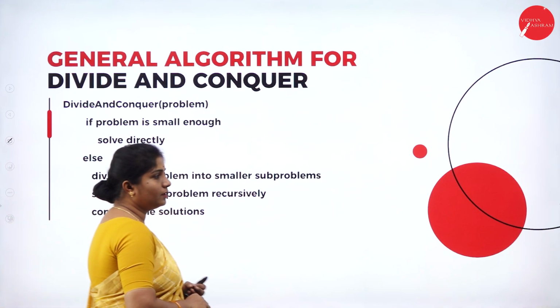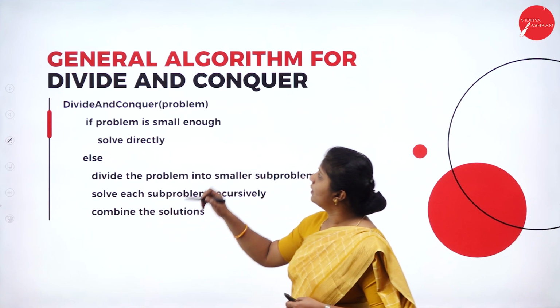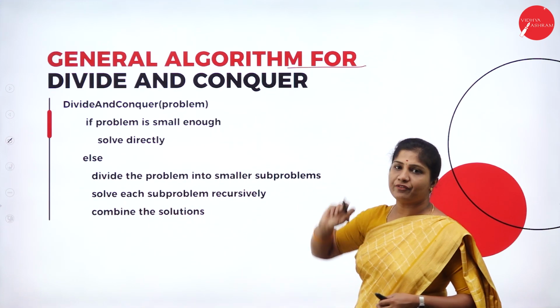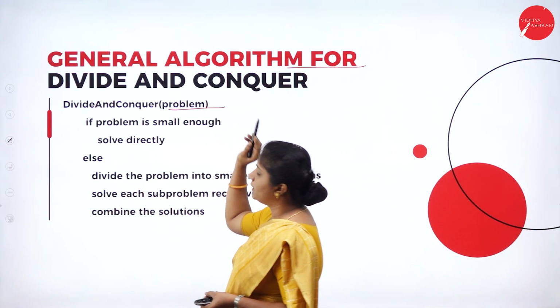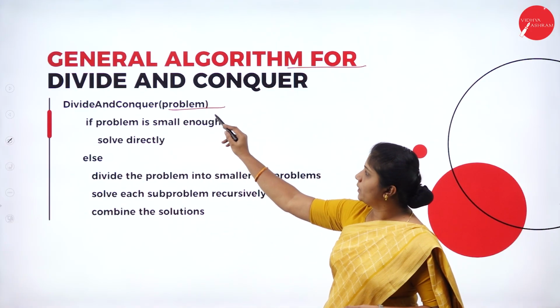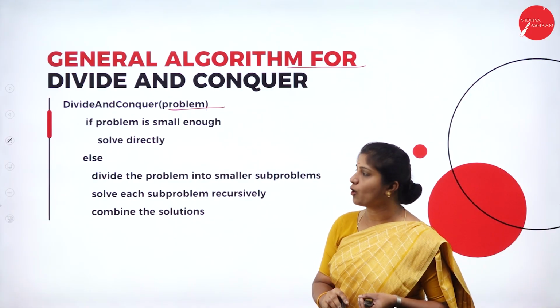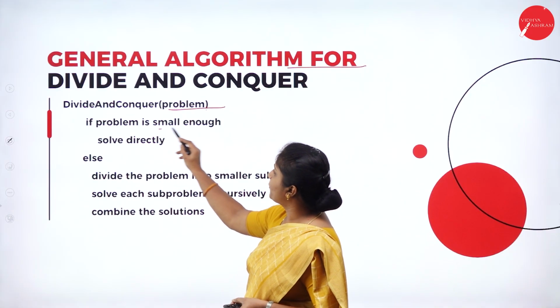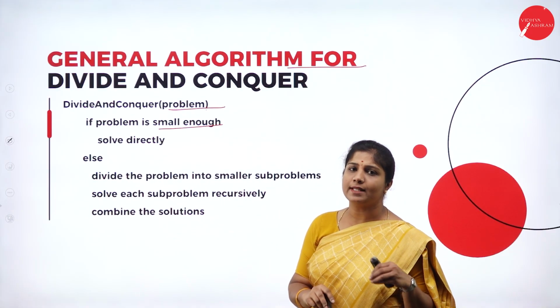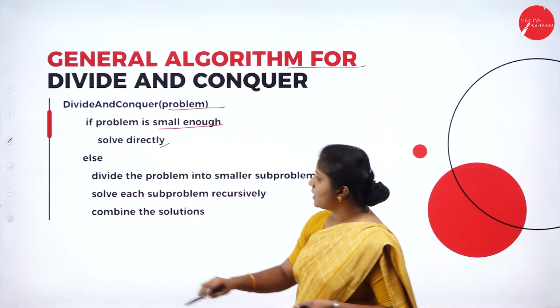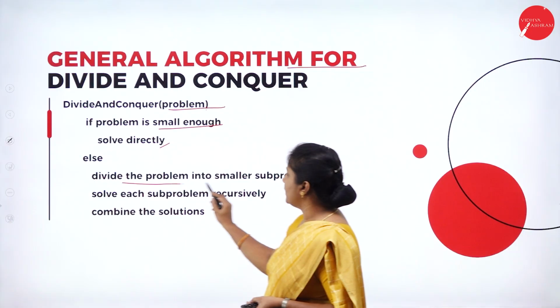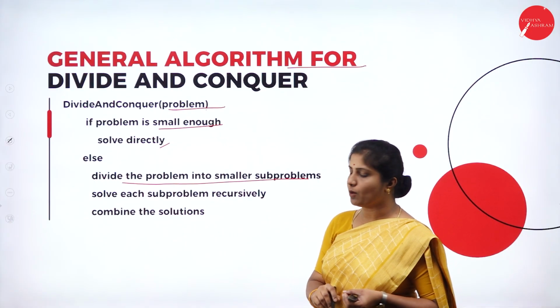Next we have the general algorithm for divide and conquer. We need to define the problem, which type of problem it is. If the problem is small enough, then solve it directly. No need to divide it. Otherwise, we need to divide the problem into subproblems.